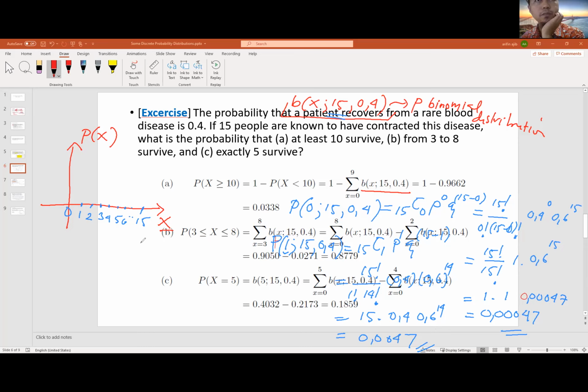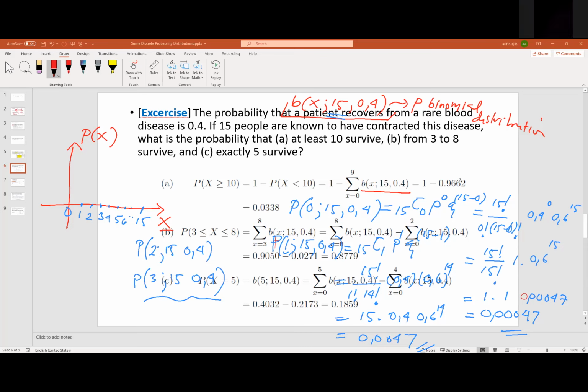And then you can compute for the probability 2, 15, 0.4, and probability 3, 15, 0.4 as well. Yeah. Is that clear, or which one is not clear yet?